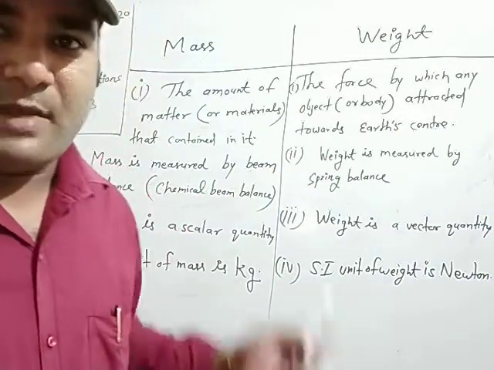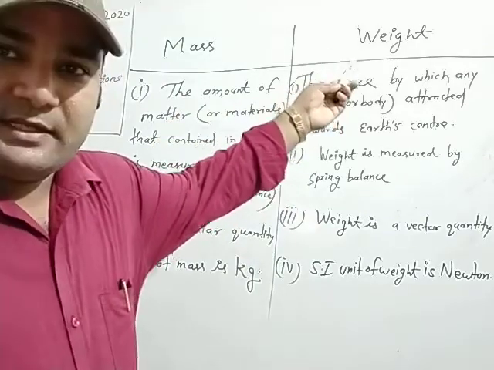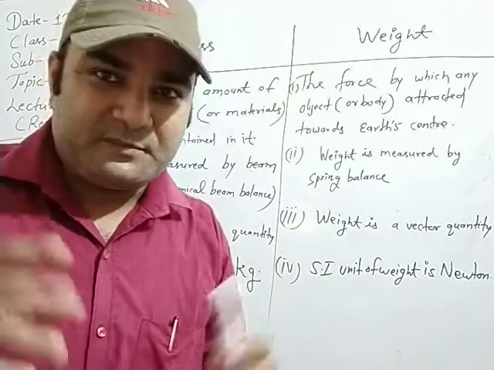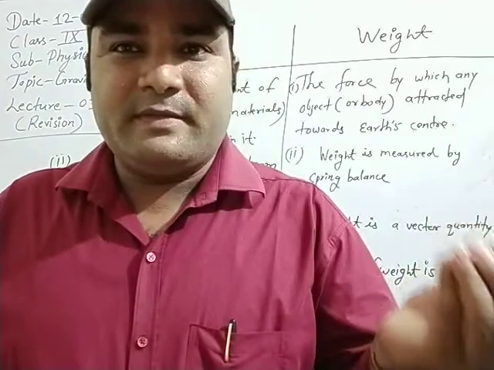So this is a very easy definition, and the concept of difference in mass and weight. Weight always involves the gravity concept. Whenever gravity becomes zero, then weight will be zero.